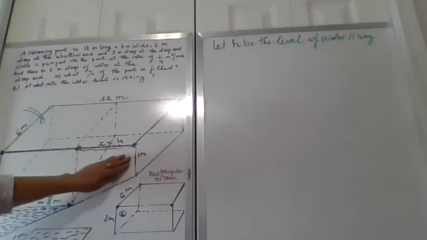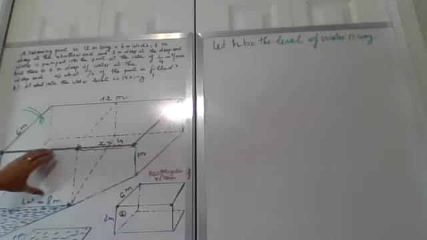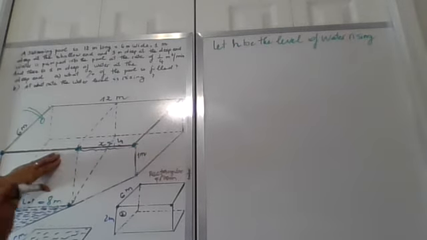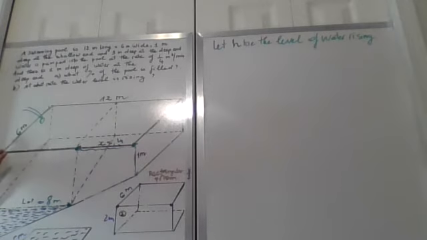We just try not to make the matter so complicated. So let's say height 1 and height 2 for the two figures are the same height, which is the unknown variable of the water level rising.